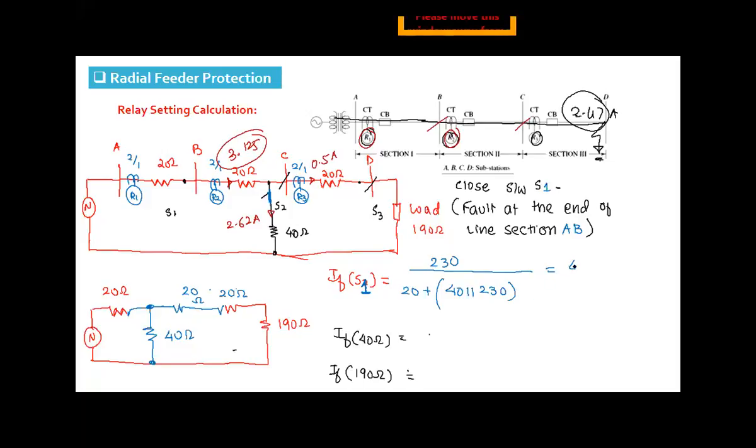That comes to 4.253 ampere. Okay. Got it?